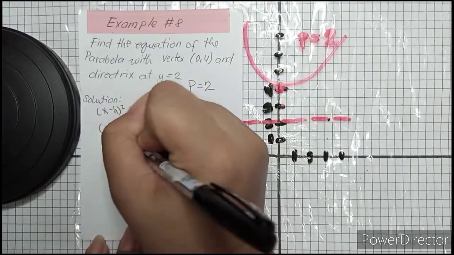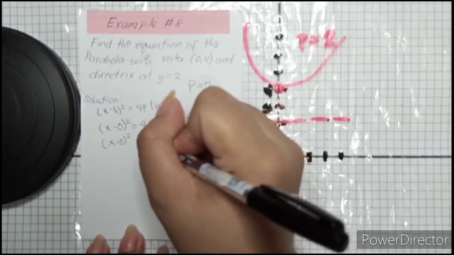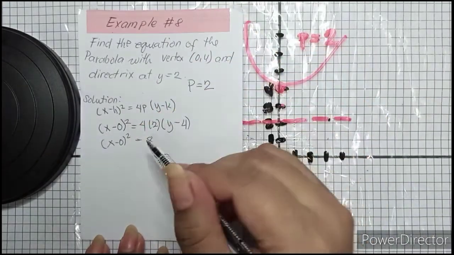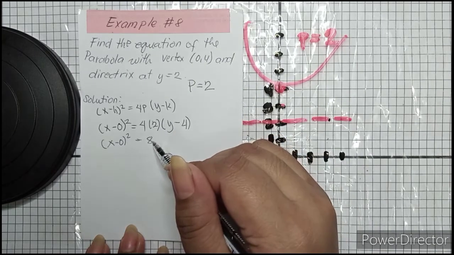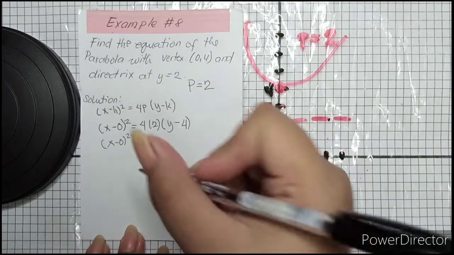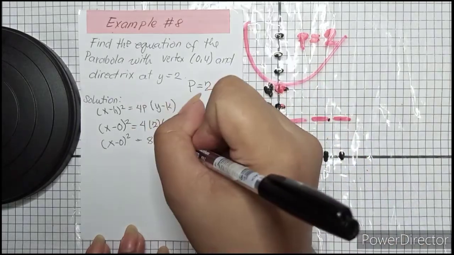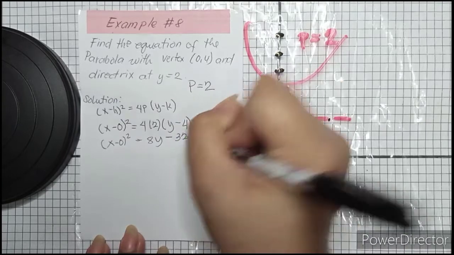So, x minus 0 squared. So, 4 times 2 is equal to 8. So, yung 8, distribute natin siya dun sa loob. So, 8 times y is equal to positive 8y. 8 times negative 4 is equal to negative 32.